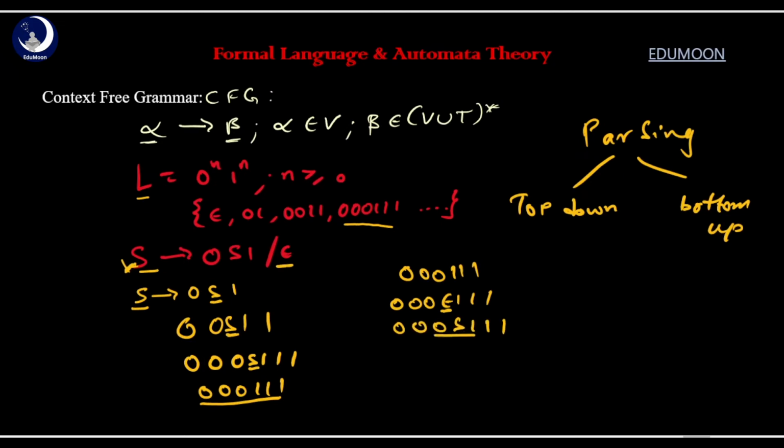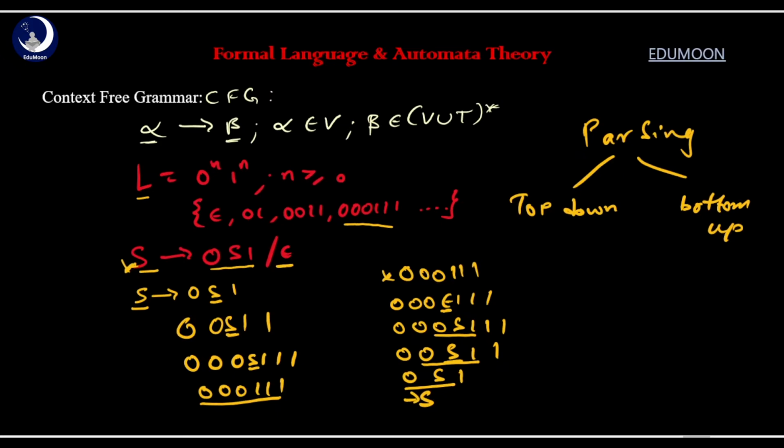Now this 0 S 1 can again be replaced with S using the production rule. So this will now be 0 0 S 1 1, and again this 0 S 1 can be replaced using the same production rule. Finally this becomes S again. Here we started from the string and ended up at the starting symbol.